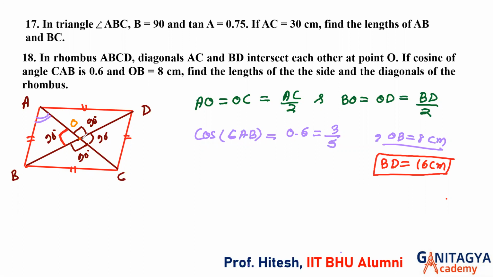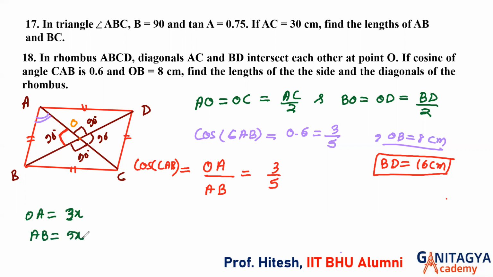Right? Cosine you know. So what will cosine be? Base upon hypotenuse. So what will be the base? OA. So cos CAB equal to OA upon AB is equal to 3 upon 5. So now I can write OA is equal to 3x and AB is equal to 5x. Okay.